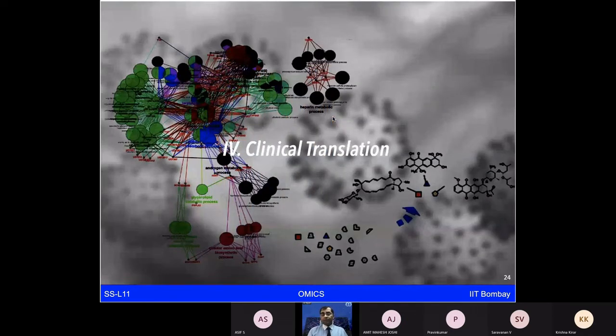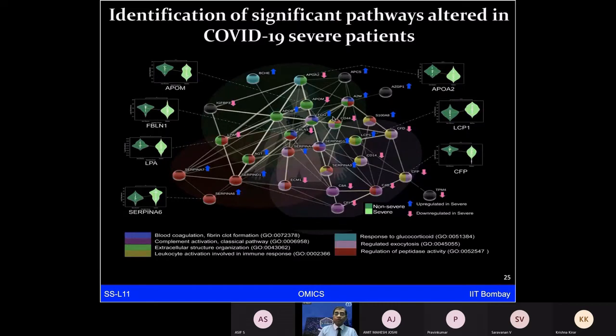Based on these findings, we thought, can we do some sort of clinical translation which could be utilized by the clinician? So we looked at which pathways and biological systems these proteins belong to, and based on those we ranked them to see where they fit well.